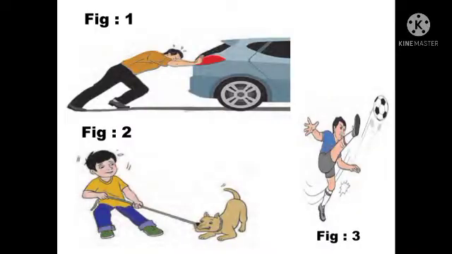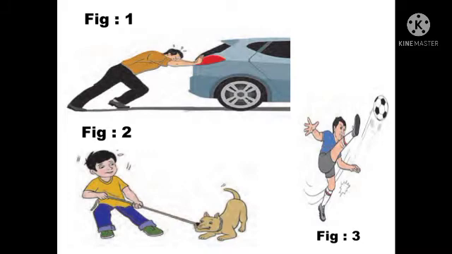So students, here are some examples for understanding force more clearly. The first example is a man pushing the car. He is applying force on the car, so the car which is at rest changes its state. The second one, a boy is pulling a dog. Why is it so, students? Because the dog is not moving from its rest position, so he is applying force to pull the dog.